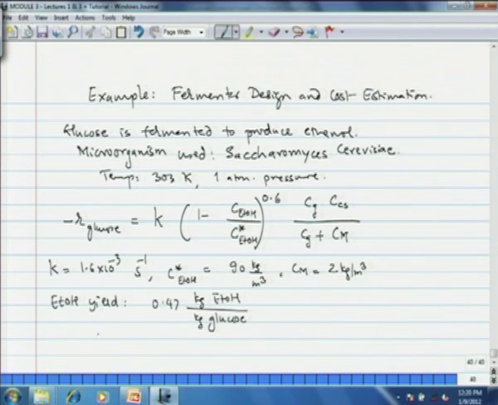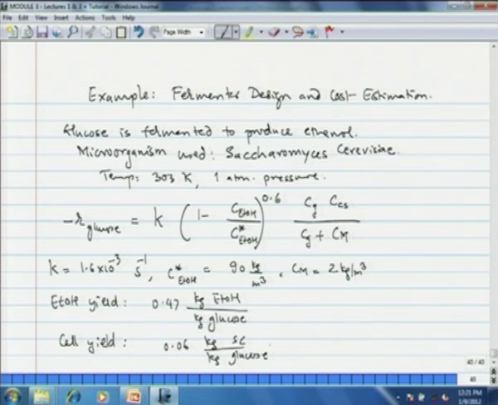Then cell yield is 0.06 kg Saccharomyces cerevisiae, that we abbreviate by SC, per kg glucose. So, this is the information given to us.